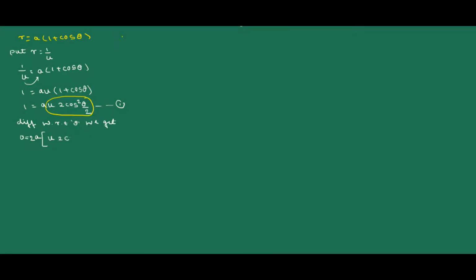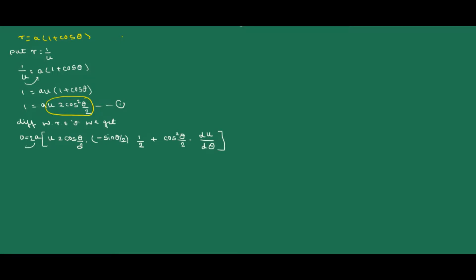That is 2 cos theta by 2 into differentiation of cos theta by 2, which is minus sin theta by 2 into differentiation of theta by 2, which is 1 divided by 2, plus cos square theta by 2 as it is, differentiation of u is du by d theta.